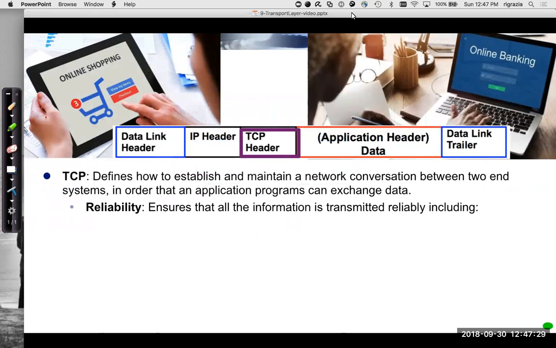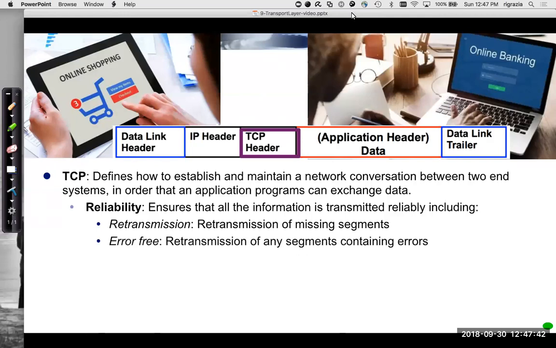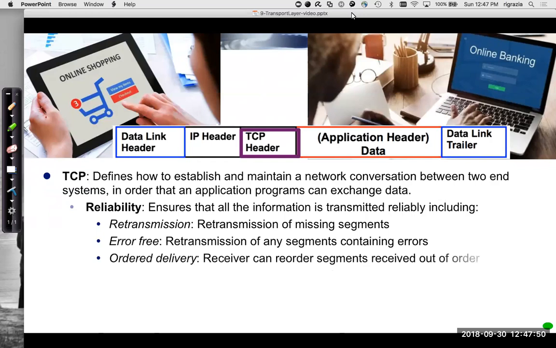Some of the things it ensures is reliability, that all the information is transmitted reliably, including any retransmission that needs to occur because of missing segments, dropped packets. It makes sure it's error-free, so if there are any problems, missing packets, or packets that contain errors, they're retransmitted. And ordered delivery.